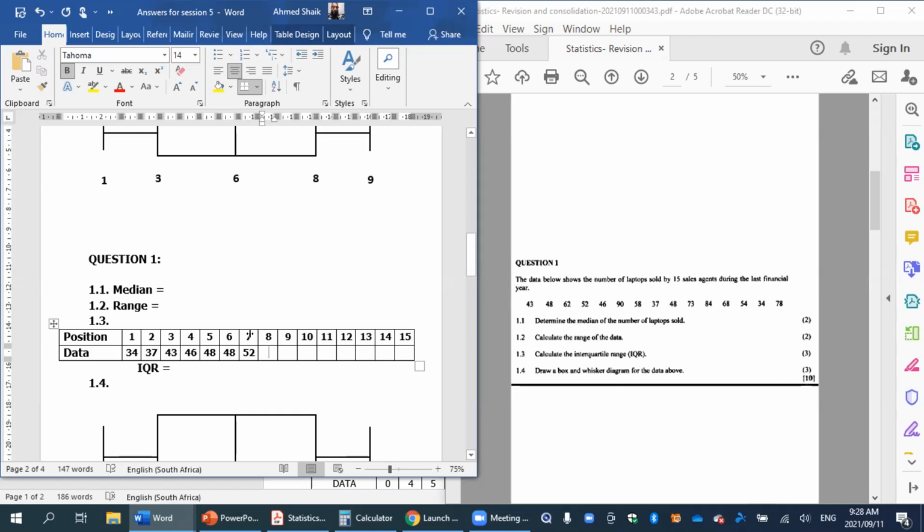Then we have 54. Our next lowest value will be 58.